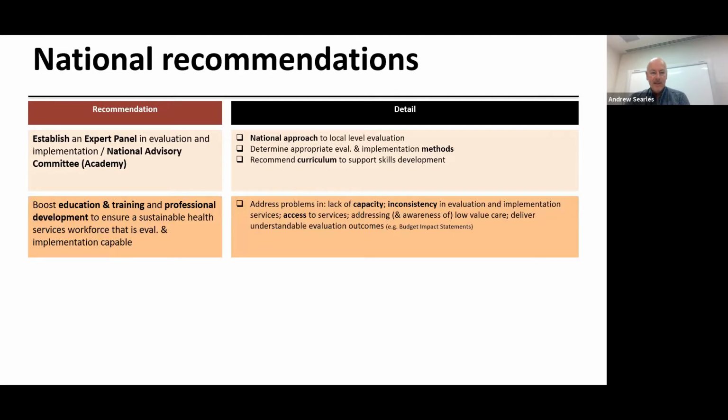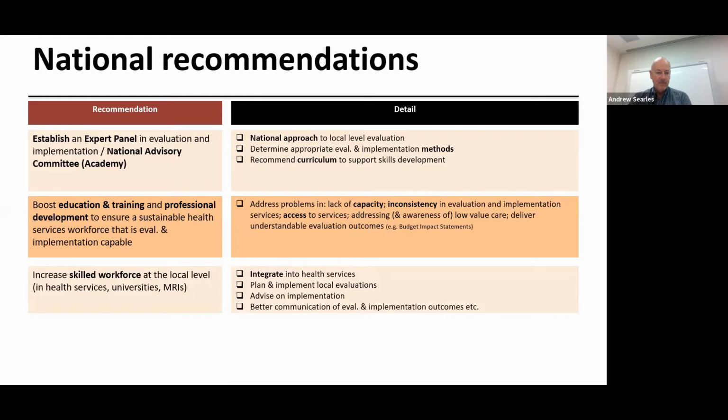The second recommendation was around boosting education and training and professional development. So this is not just about the new workforce that's coming through our university system at the moment, but it's also enabling our existing people within health services to upskill to be able to do evaluations. This particular recommendation is around making sure that we build in consistency in the core skills that are being shared in training environments.